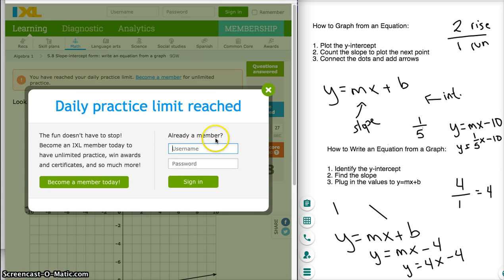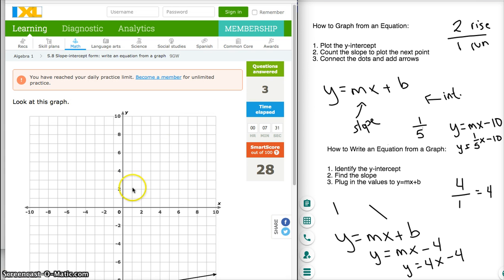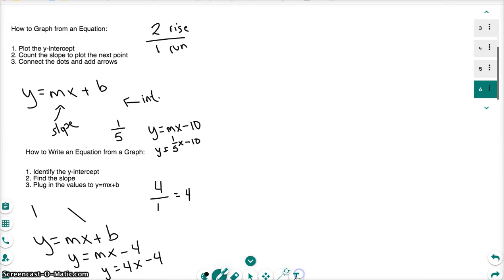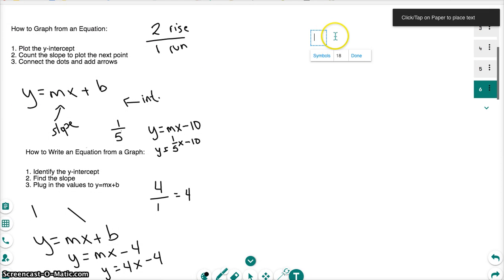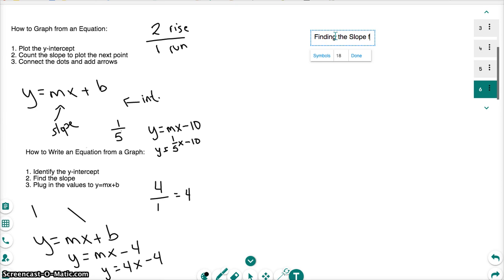All right, I've reached my limit for practicing on here. So I'll pull up another practice sheet for us to do these last 4 minutes together. Okay, the last thing we're going to review on here is finding the slope from 2 points.